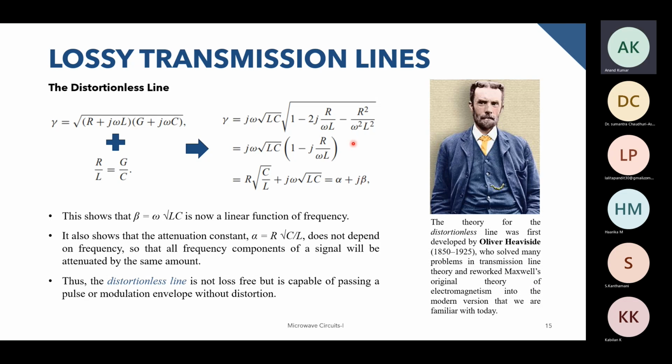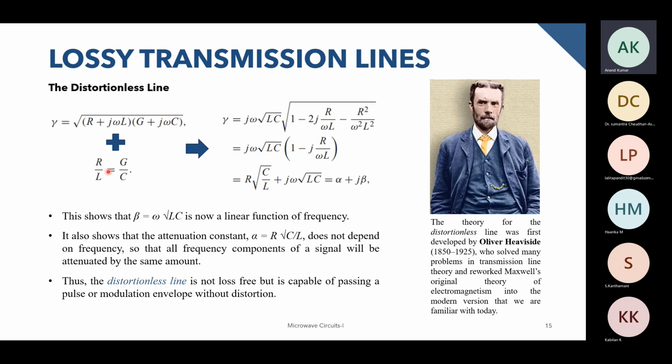So in the low loss line, we assume that R is much smaller than j omega L, and G is much smaller than j omega C, and we use that concept to simplify the propagation constant over here.